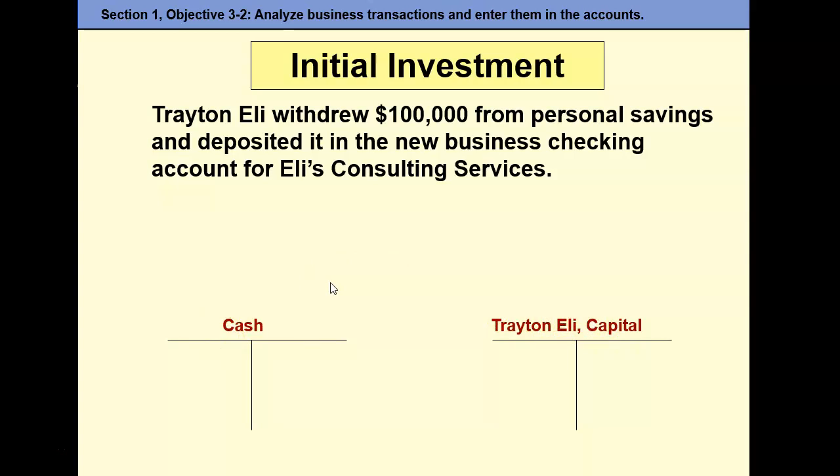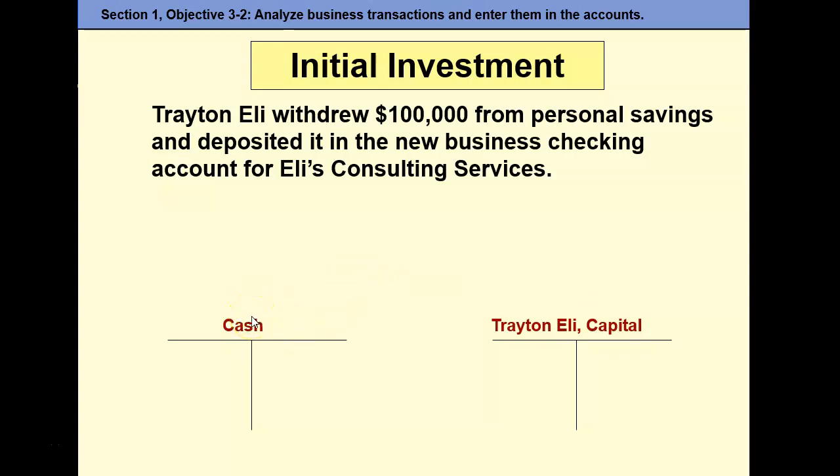Now ask yourself, are the accounts increasing or decreasing because of this transaction? Well, because of this transaction, there would be an increase in the cash account and an increase in the capital account. Next, determine what the account classifications are.